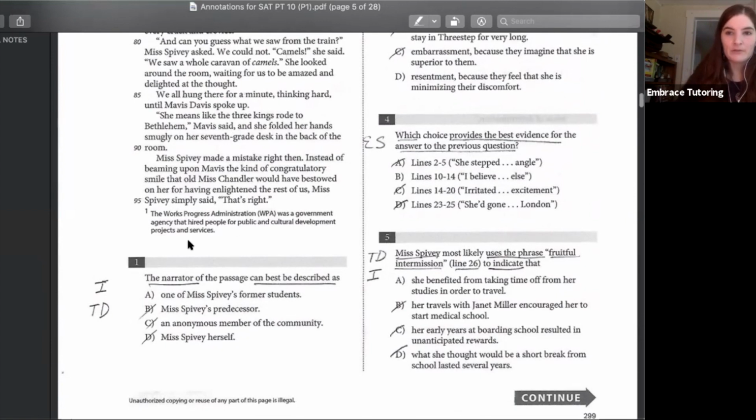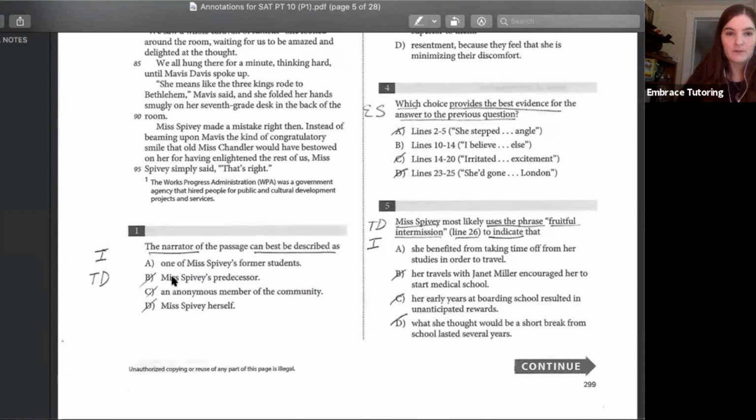All right, then I'm going to dive into a question here. With the first one, I have it listed as both an inferencing question and a text detail. Technically it's a text detail because it's incorporating information found directly in the text.